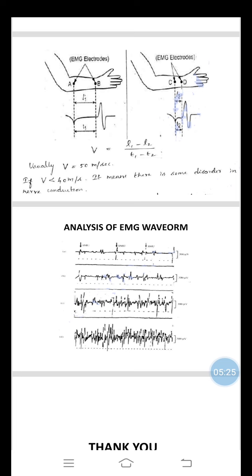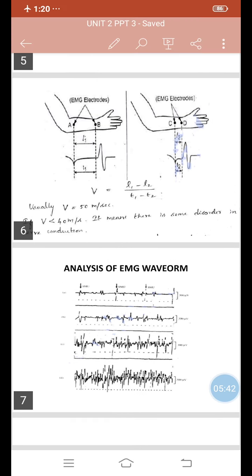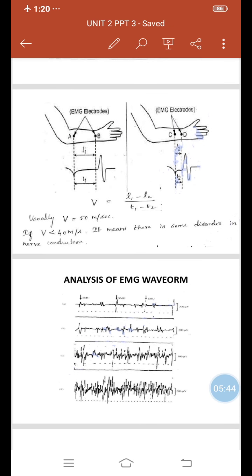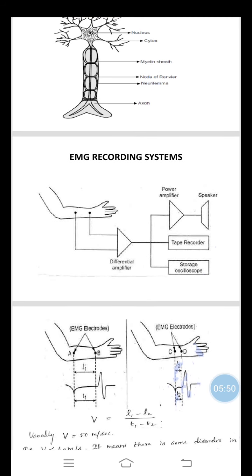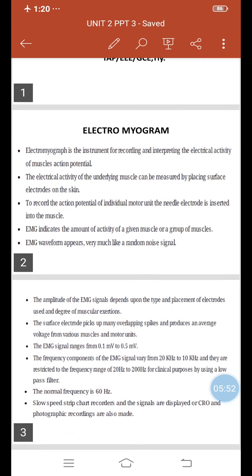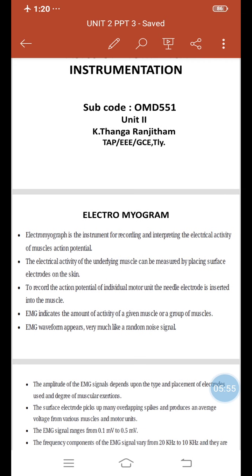For that particular interval, this is the standard value. Whenever our measured signal exceeds this limit, some disorder occurs in our nerve conduction, and we can go for further treatment for our nerve. Okay, this is the basic information about electromyogram, from which we can understand our nerve or muscular activity. This is the simplest method of measuring the muscular activity.